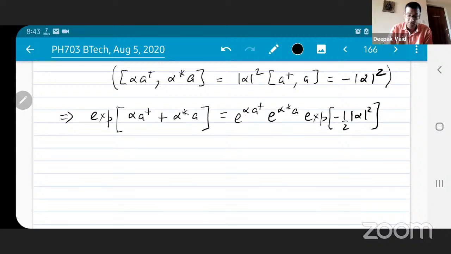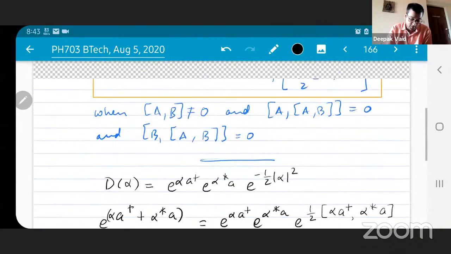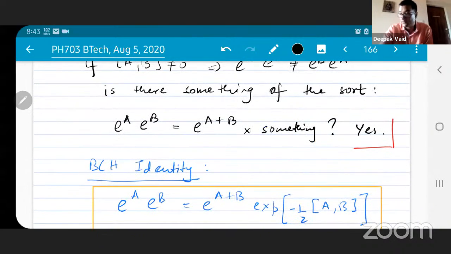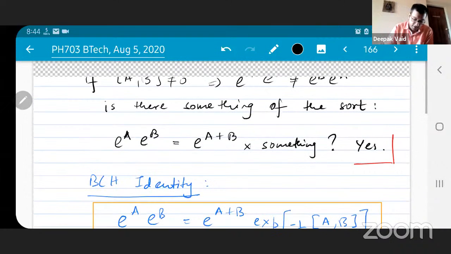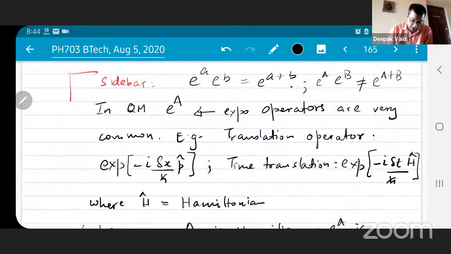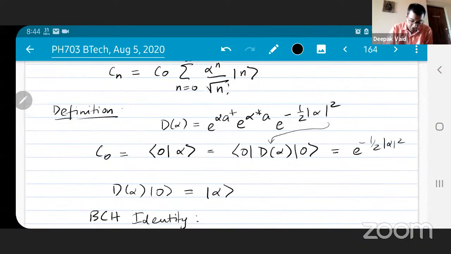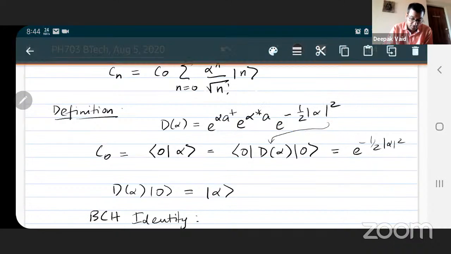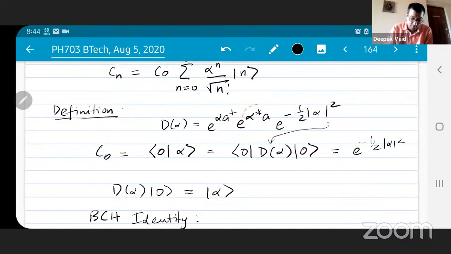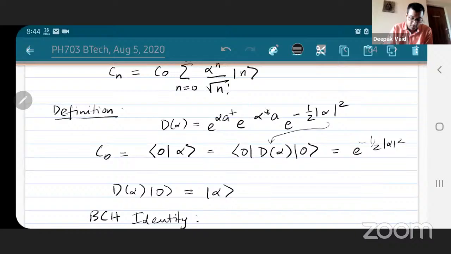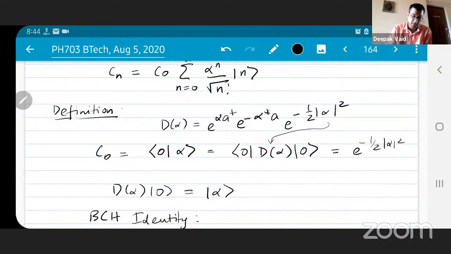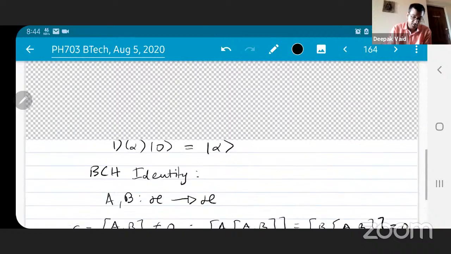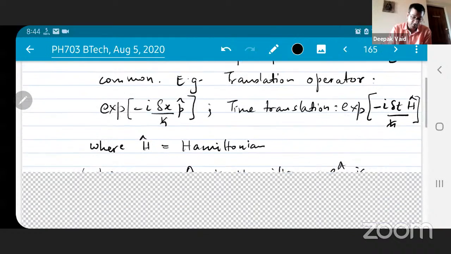Let me see. So the definition, I think I'll have to correct it. In the definition, there is a minus sign that is missing. So there should be a minus sign in front of the alpha star. Right, there should be a minus sign over here. This is the definition of the displacement operator.